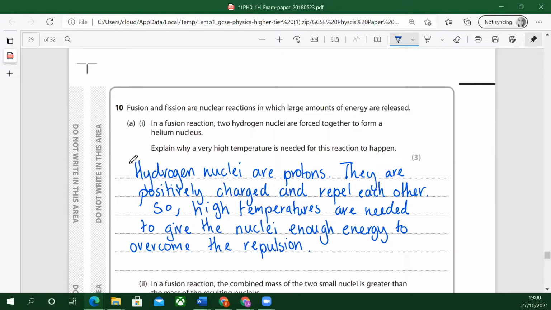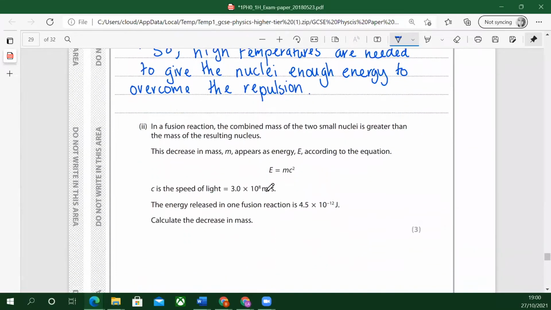So that's actually it, to be honest. We've got high temperature, high energy to get over repulsion. Okay, let's have a look at the next thing.